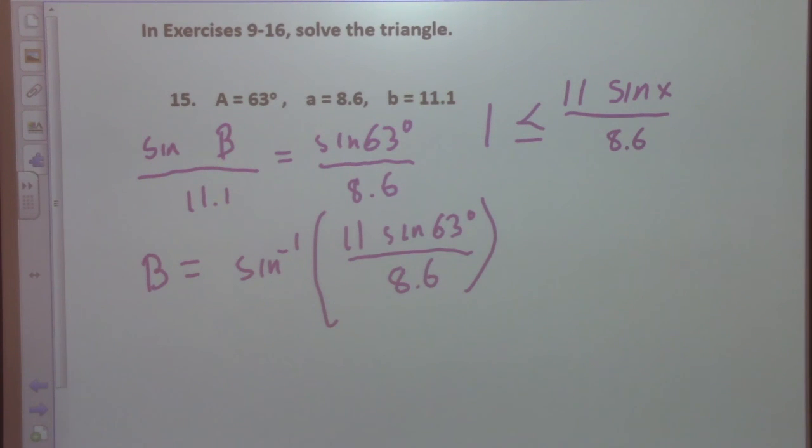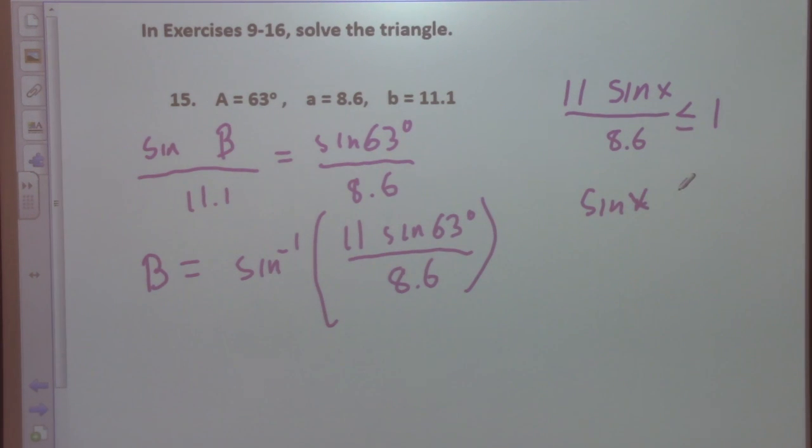Let me go ahead and write it this way so I can understand it better. Need this to be less than or equal to 1. How's that? Does that look better? Yeah, good catch.